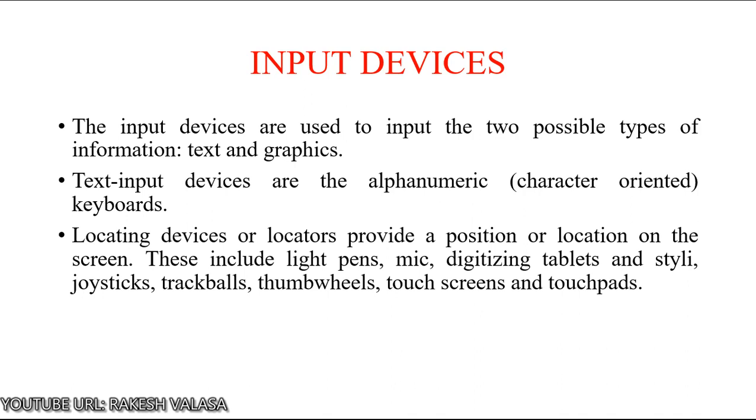Locating devices typically operate by controlling the position of a cursor on the screen. They are also referred to as cursor control devices. All locating devices, with the exception of the joystick, which may provide three-dimensional input, are two-dimensional input devices.